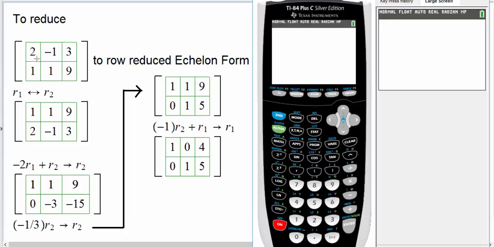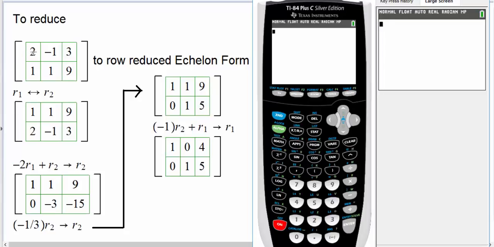So here our first objective is to transform this to 1, and one of the row operations is that we can interchange two rows, so we can swap these two rows.